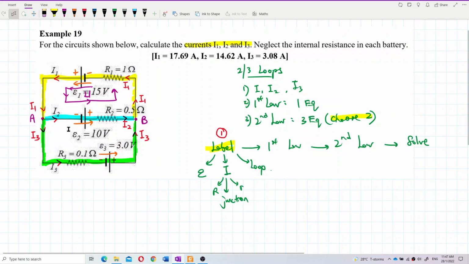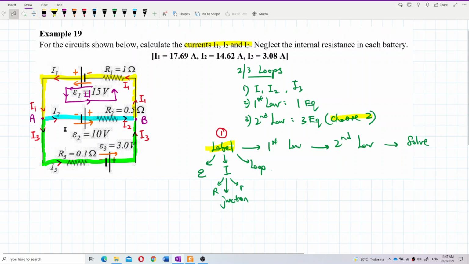Do I want to choose the bottom loop? Also can, but it looks like this current is a bit more complicated. Later on, you will have opposite direction negative, and same direction, so you have a mixture of positive and negative values, isn't it? So I don't want to choose the bottom one. I choose the outside loop.